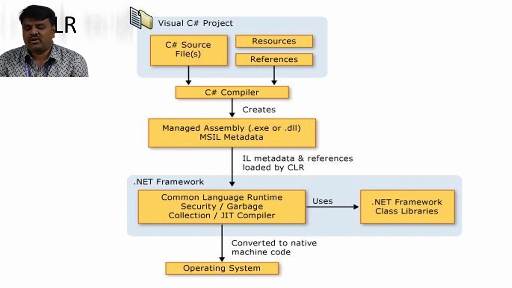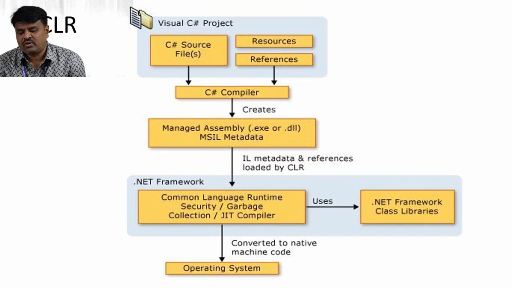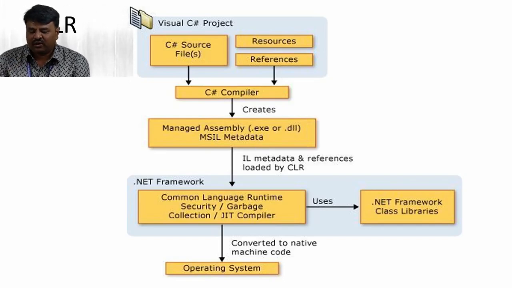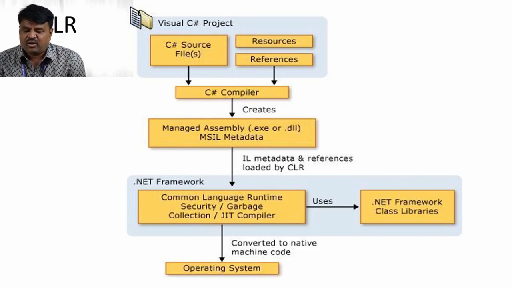That is why, to convert it into machine language, we use the JIT, that means the just-in-time compiler. By using that compiler we can produce the entire code as machine code. That means any platform or any operating system can run that code, like Java. To run it, we use the .NET framework, class libraries and all those things.